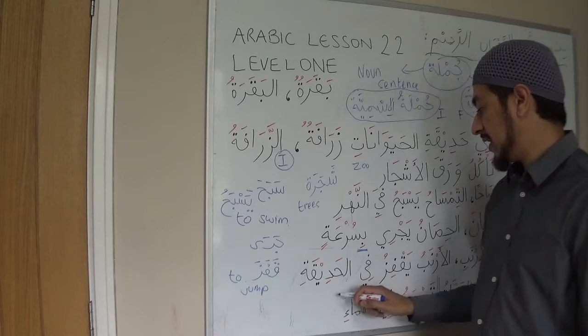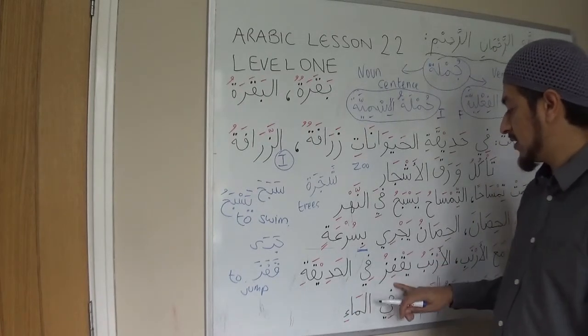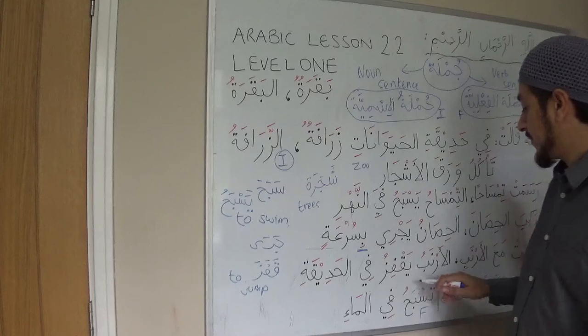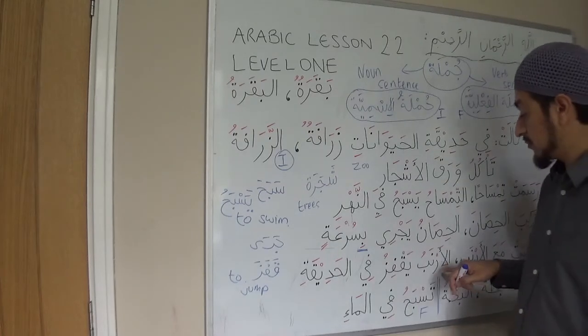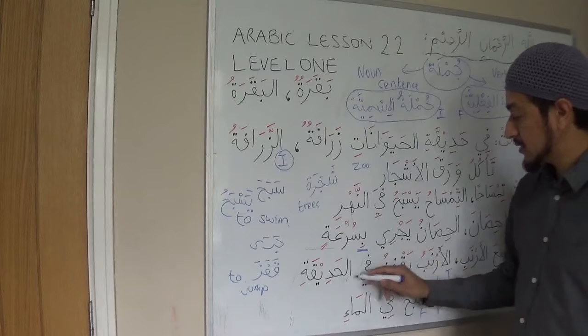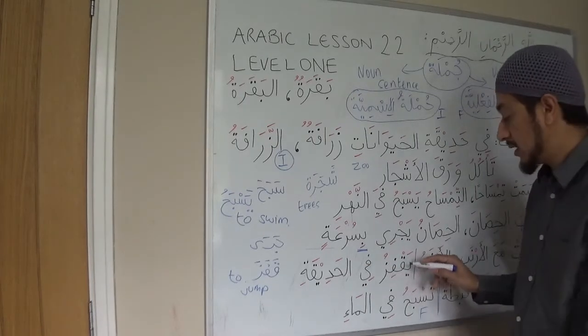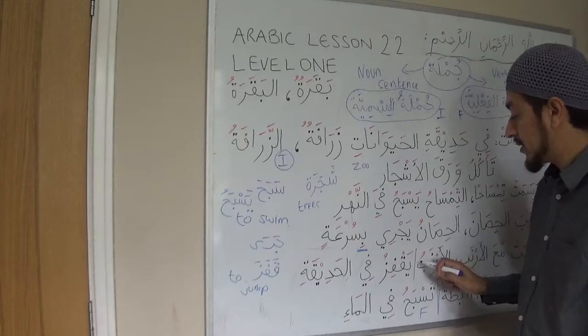Again, yaqfizu fil hadiqa. If the sentence started with yaqfizu fil hadiqa, or because here it's not telling us who jumps. So we say, okay, if we started with al-arnab, then it would be jumla ismiya, the whole sentence. But if we swapped it around, yaqfizu al-arnab fil hadiqa.